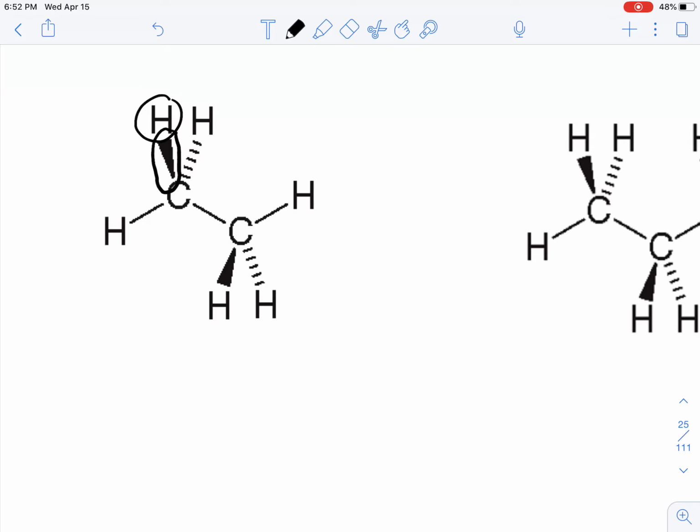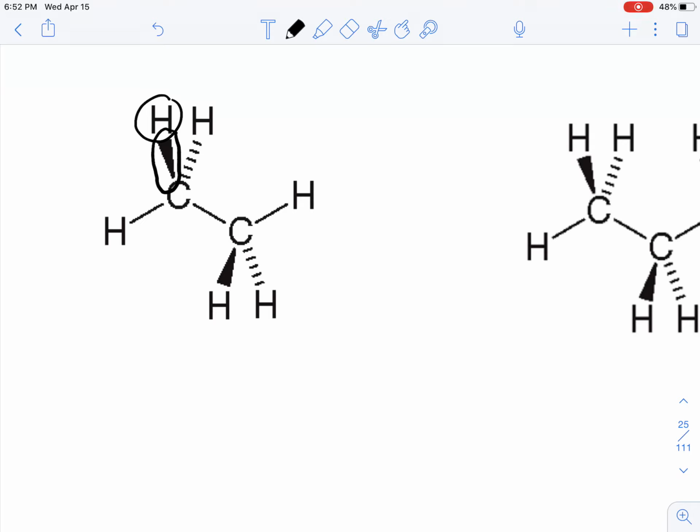So, for example, if you take your pencil or your pen and move it such that the cap or the eraser is pointing at you directly, then that is what that bold line is representing. The tip end of your pen cap or the eraser part of your pencil is going to represent the hydrogen.